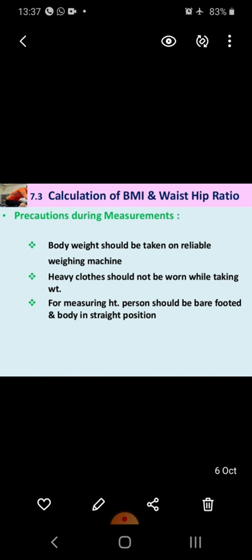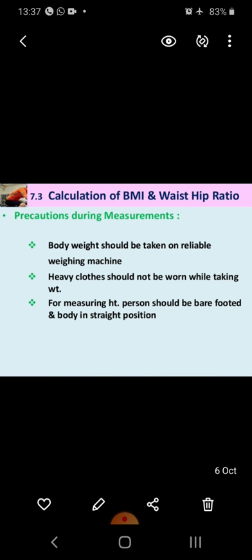Now, precautions during measurement. What do we have to keep in mind when calculating BMI? First, body weight should be taken on a reliable weight machine. Heavy clothes should not be worn while taking weight, like jackets, boots and jewelry.